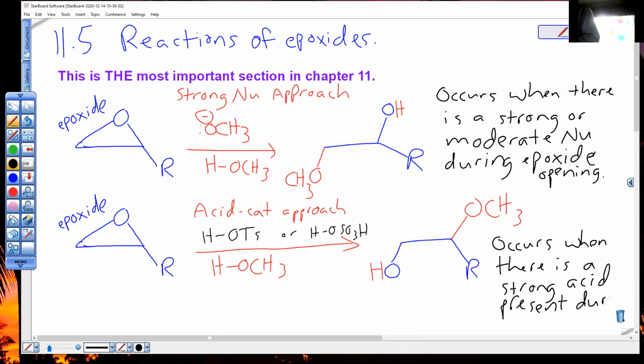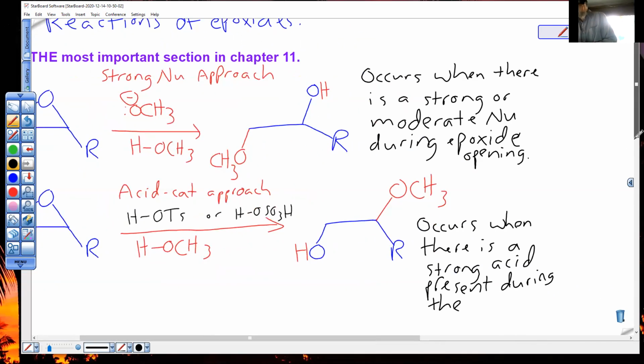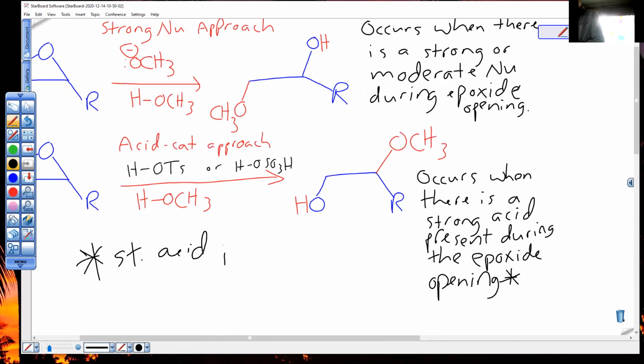I'm adding that last bit at the end because sometimes you're going to see a second step where there's a strong acid, but the epoxide's already going to be open. So it won't fit this category. That's another way of saying strong acid present in the beginning.